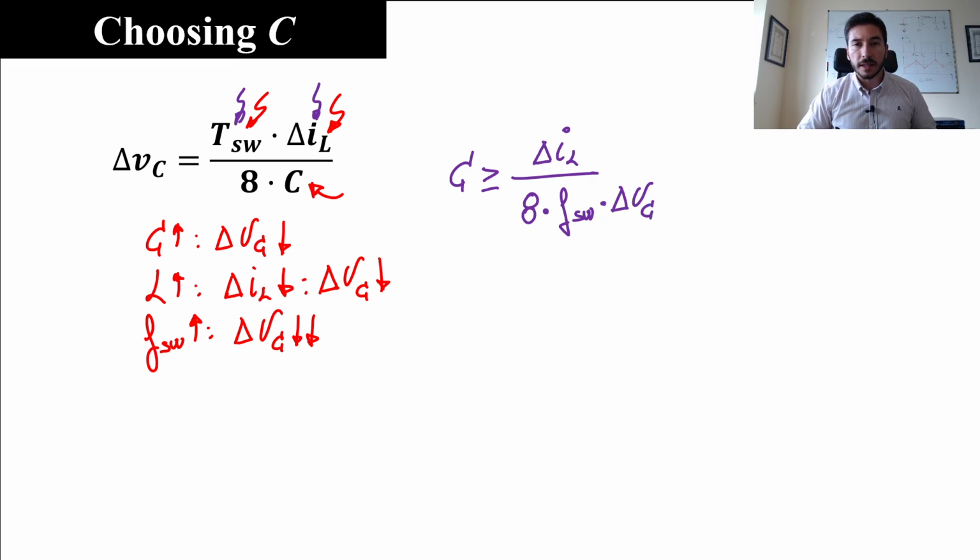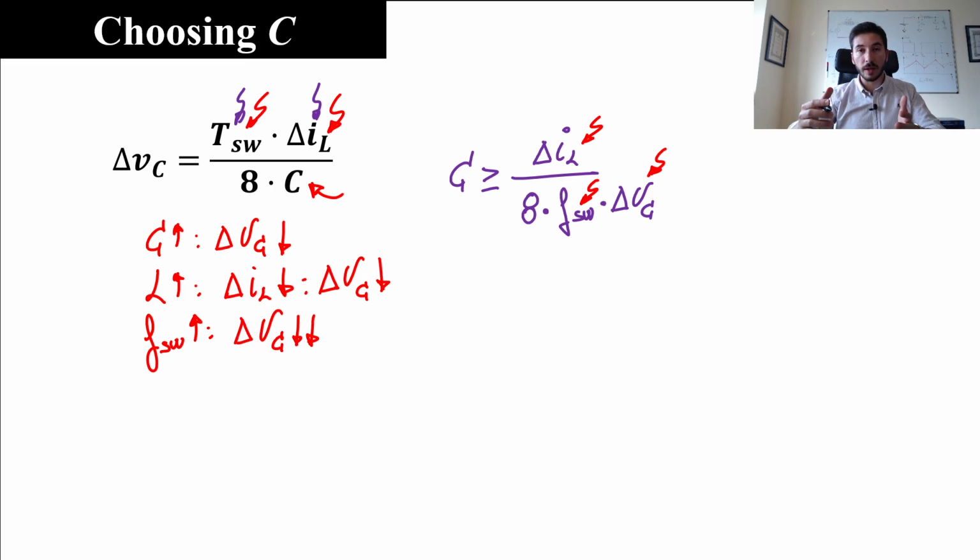So we evaluate this expression, where we have the inductor current ripple that we previously set with the inductance and the switching frequency. We already know the switching frequency that we use, and we will have to satisfy a requirement of output voltage ripple as we previously saw.